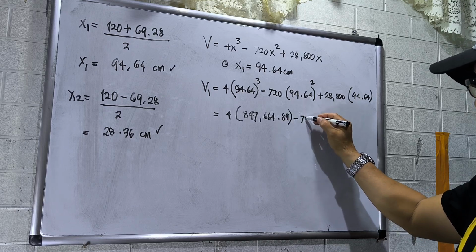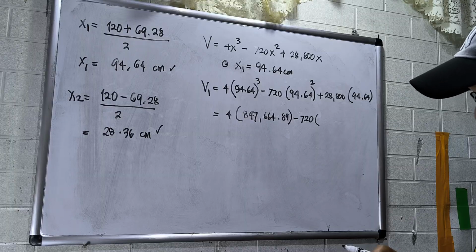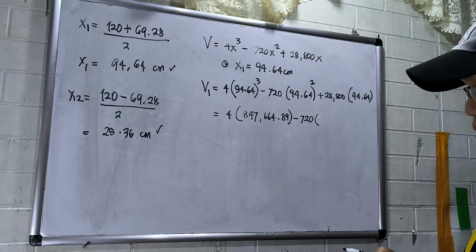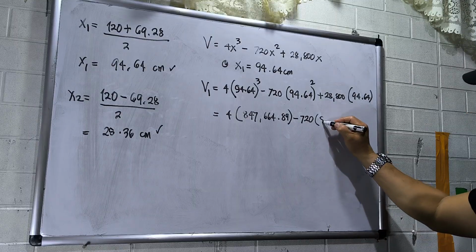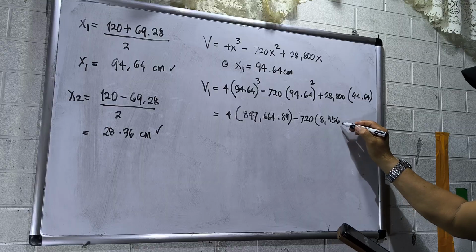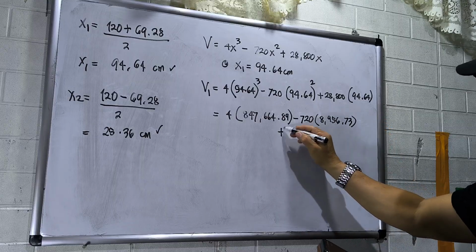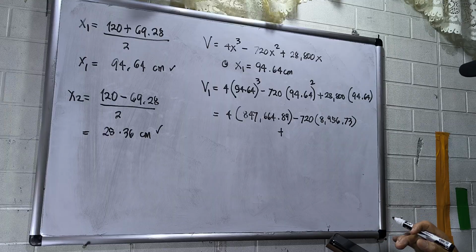Then minus 720 times 94.64 squared, so 8,956.73. And then plus this one, multiply.